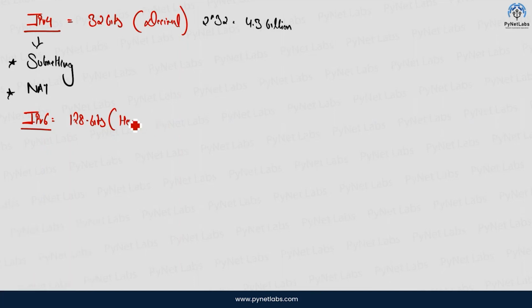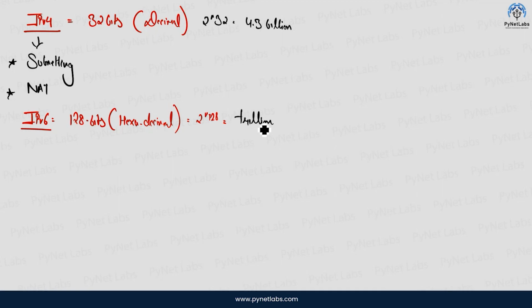When we say hexadecimal, it is going to have values from 0 to 9 and alphabets from A to F. It is going to be 2 raised to the power 128, so in total we are going to have trillions of addresses, where every single human can have one single IP and we will still be able to use IPv6 for 30, 40 years more.